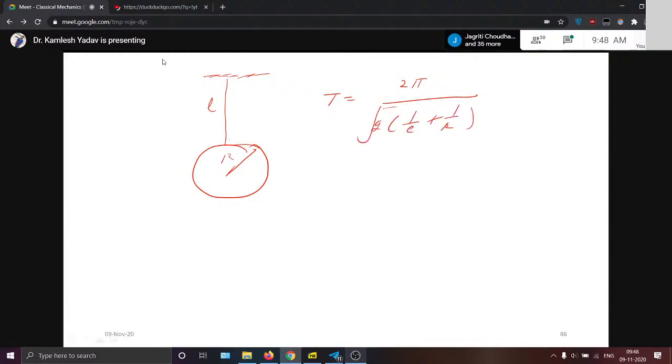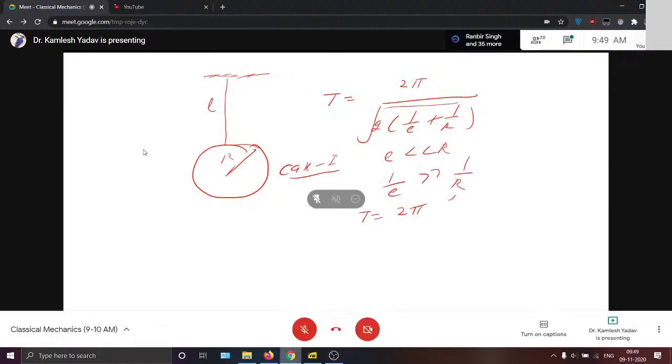Case 1: suppose L is very much less than R, which means we are doing the experiment like in our laboratory, then 1 upon L is very much greater than 1 upon R. Now we can neglect 1 upon R, then this time period becomes 2 pi root of L upon g, the same as we have derived. Okay, there is no problem.